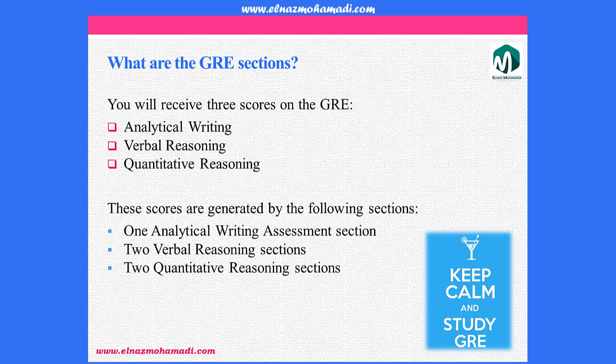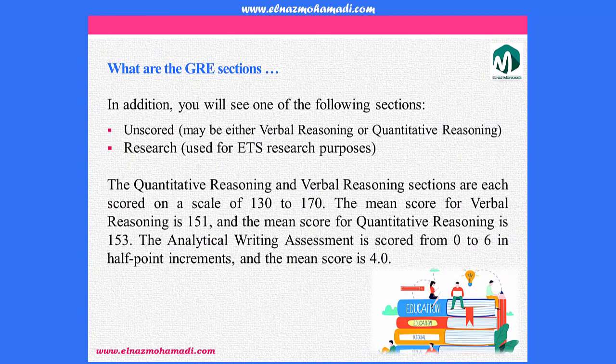Verbal reasoning section, and 3. Quantitative reasoning section. In addition, you will see one of the following sections unscored, maybe either verbal reasoning or quantitative reasoning. Research, used for ETS research purposes.